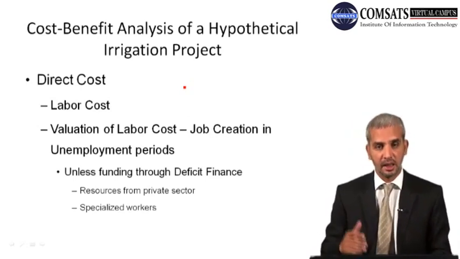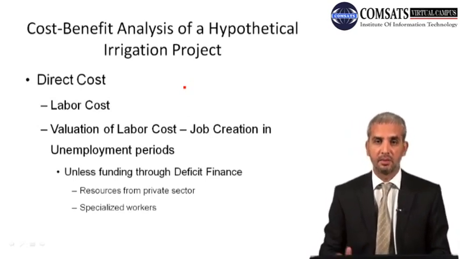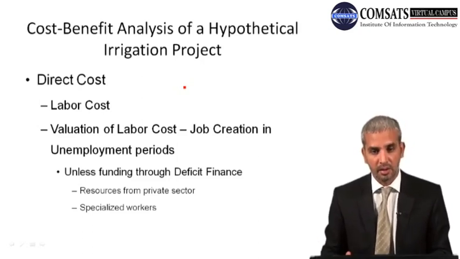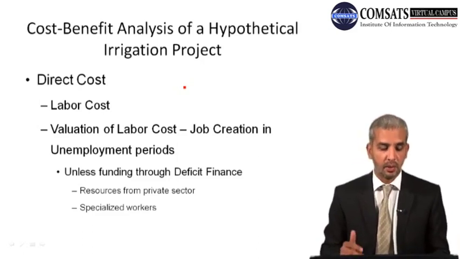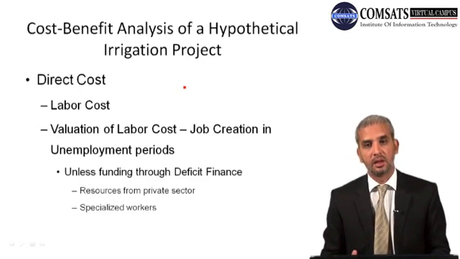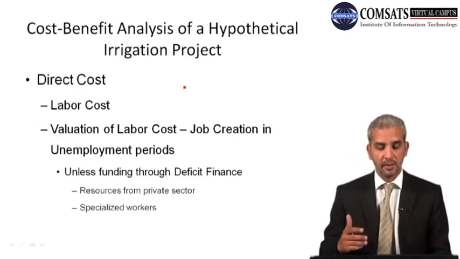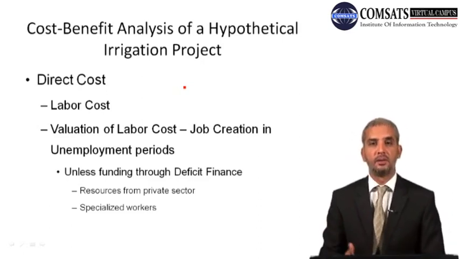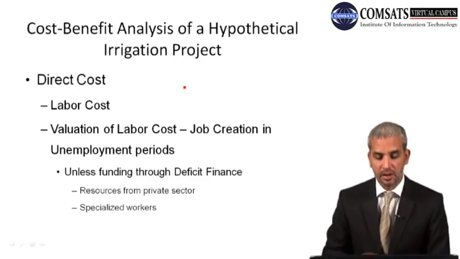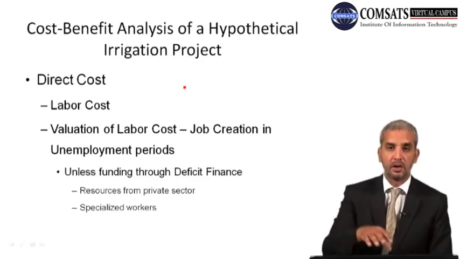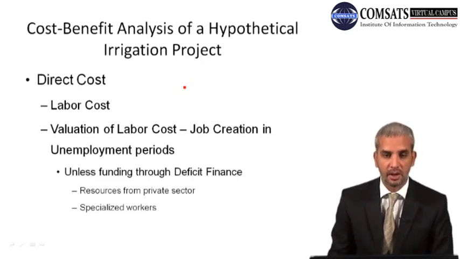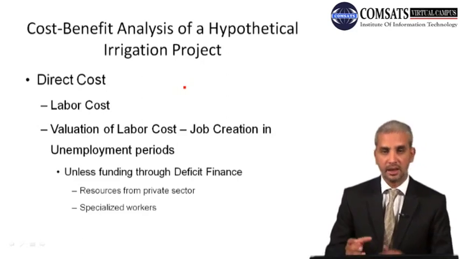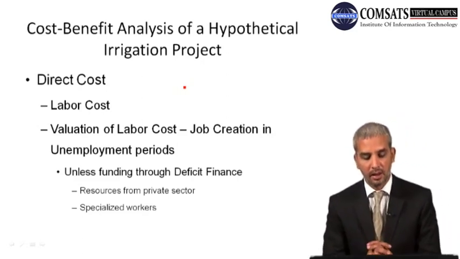Certain costs can be directly attributable to the project, like for example the cost of labor, that is directly paid, and that can be accounted for in dollar values. Then the issue is the valuation of labor cost, because that project would be creating jobs when they start that project.